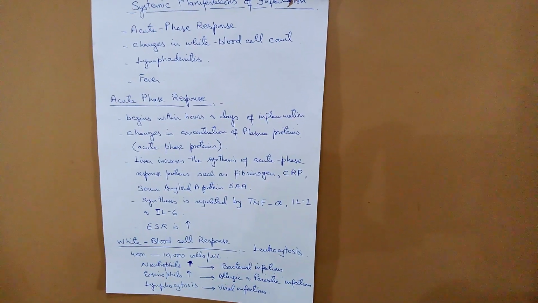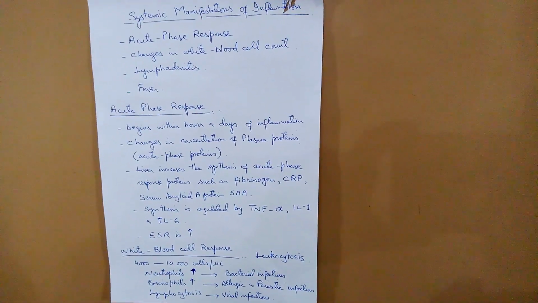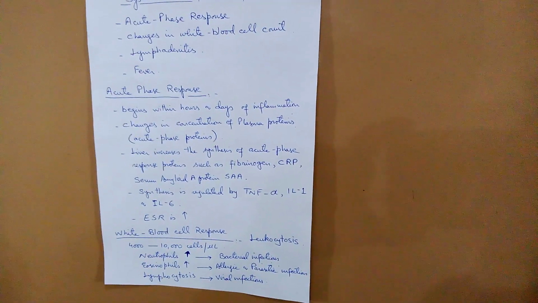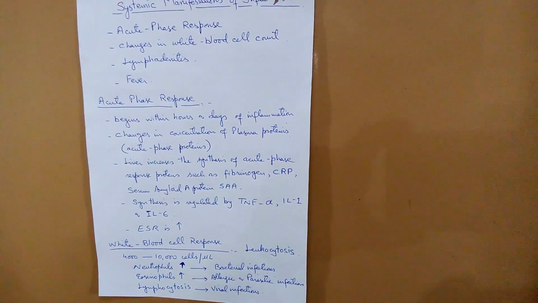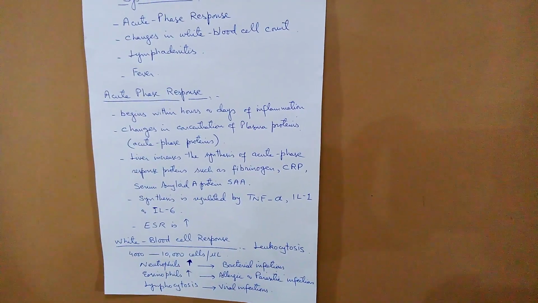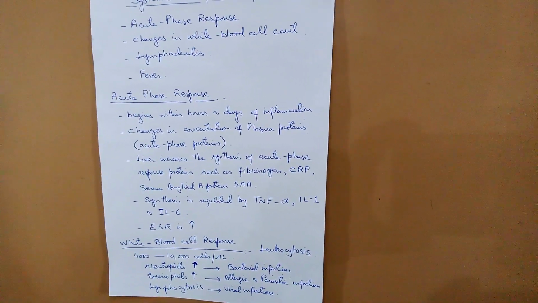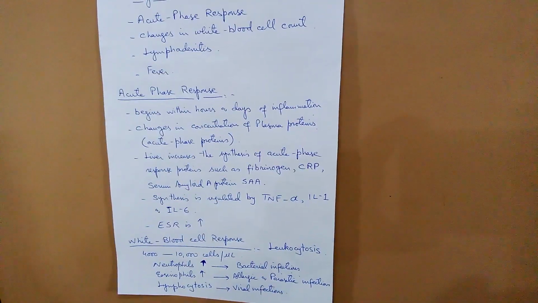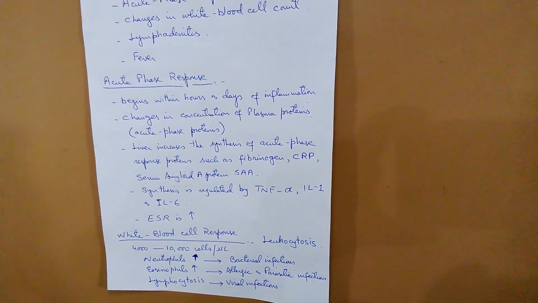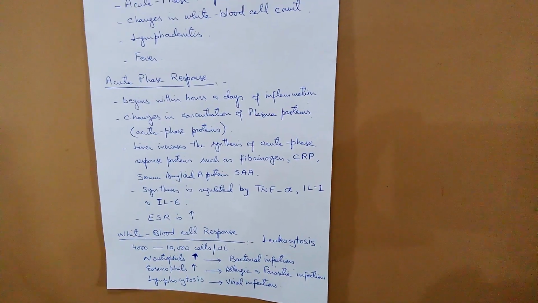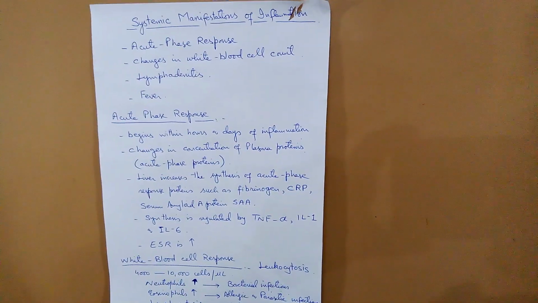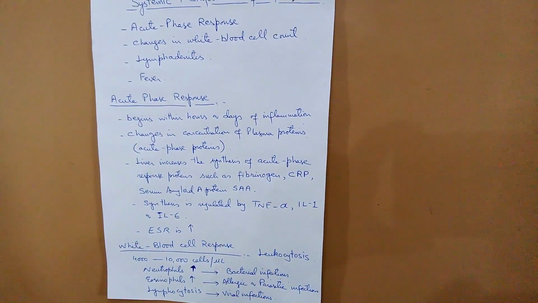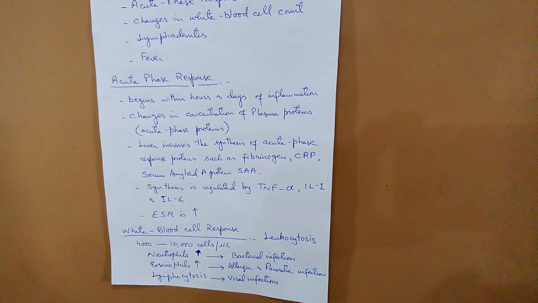What is acute phase response? Students, this is the systemic response of the human body towards infection or inflammation. It starts within hours or days of inflammation. In this specific phase, there is an increase in the concentration of plasma proteins, and these plasma proteins are called acute phase proteins.